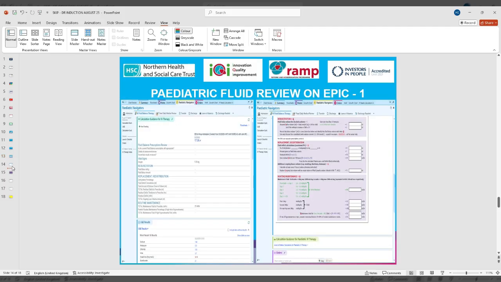As part of the Pediatric Navigator, there is an IV fluid balance therapy. If you choose new reading within this, it effectively acts as a fluid review. You can select if the prescription is appropriate, if the fluids are to continue, if they require modifying, or if they can be discontinued. Putting in a weight will ultimately let EPIC calculate your hourly fluid rate.